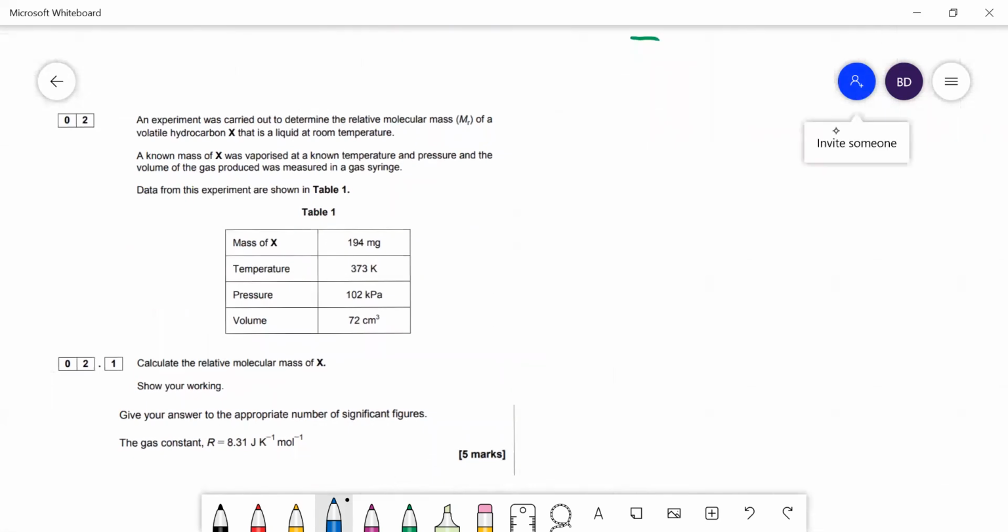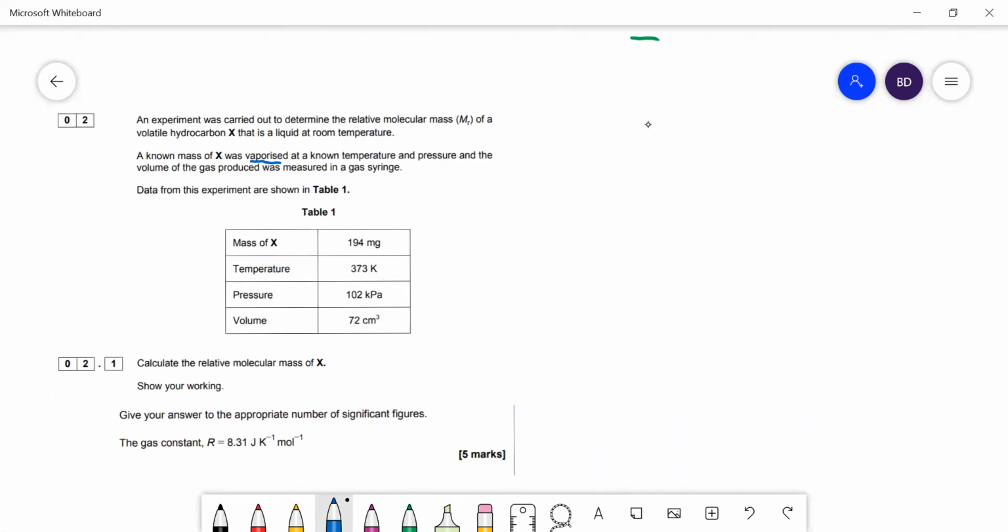Okay, this is an ideal gas calculation. An experiment was carried out to determine the MR of a hydrocarbon that is a liquid at room temperature. They heat it up, the stuff vaporizes, and then you measure the volume of the vapor using a gas syringe, and you can work out the number of moles.